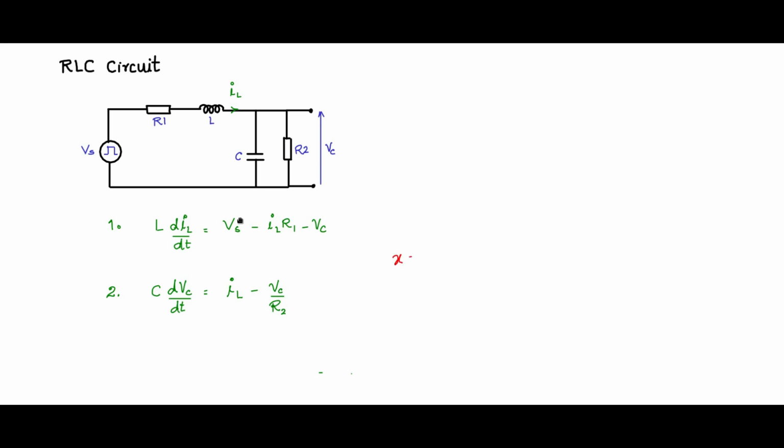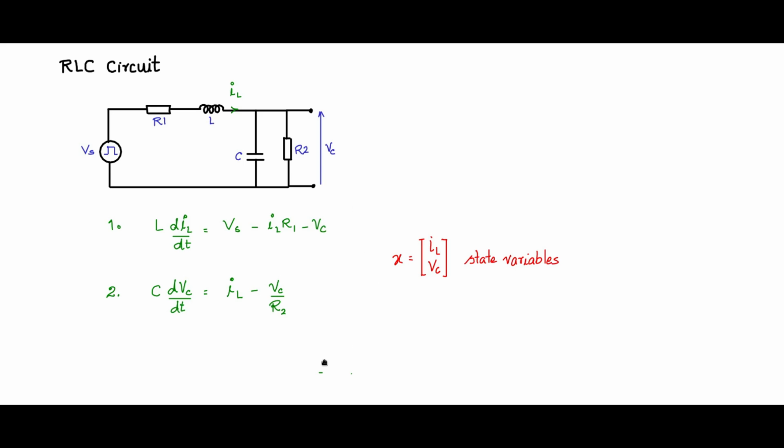So these two dynamic equations represent this RLC circuit completely, along with the input voltage spec. So the state vector X is nothing but IL and Vc. So these are the state variables.